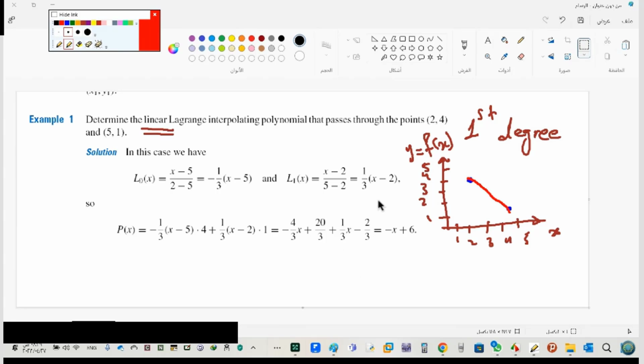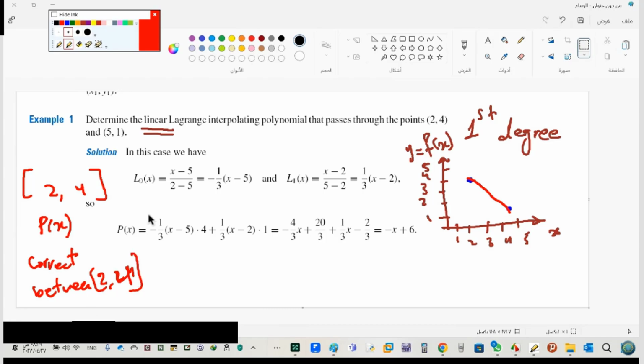Now, first of all, I have a problem for this one. This formula should be in the closed domain, 2 to 4. So the formula that we will find for Px will be correct between 2 and 4.